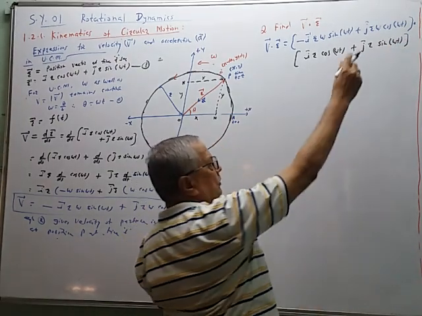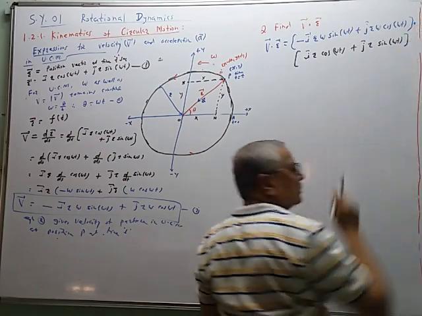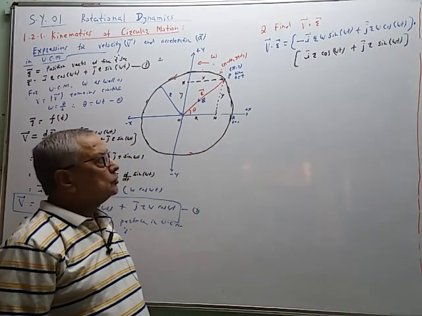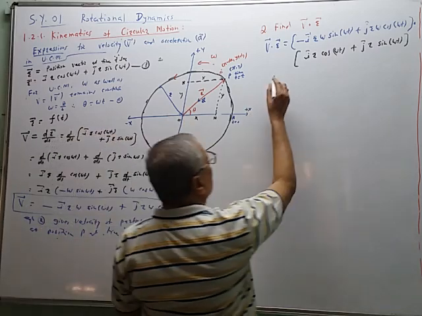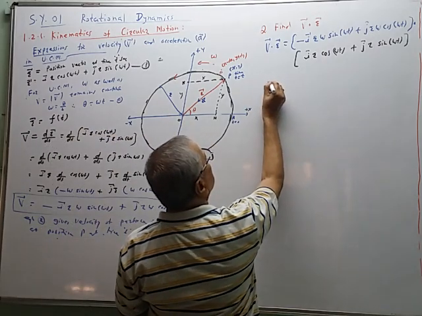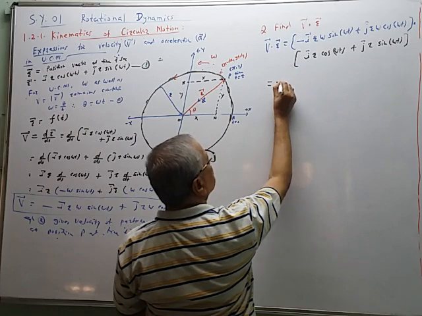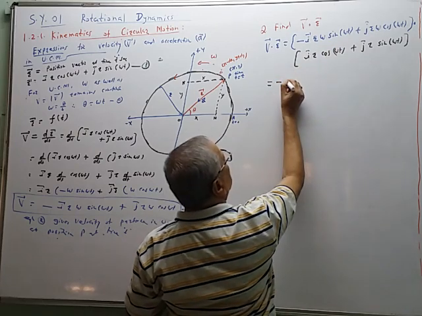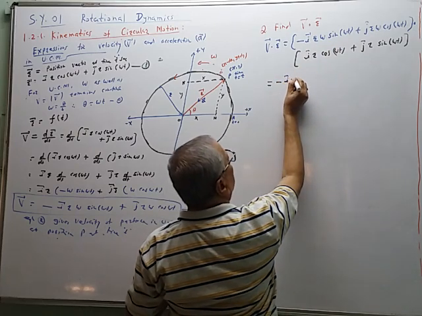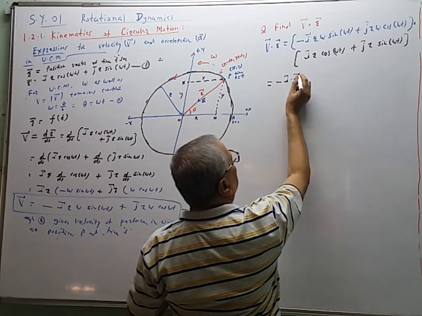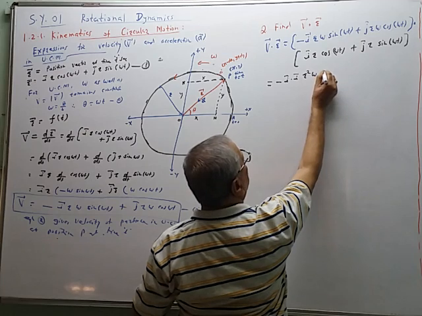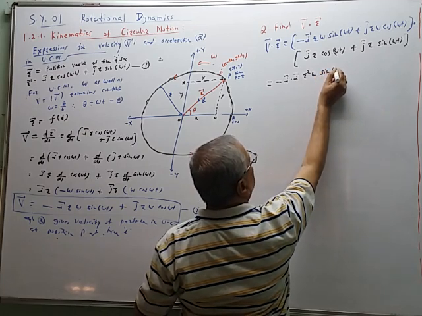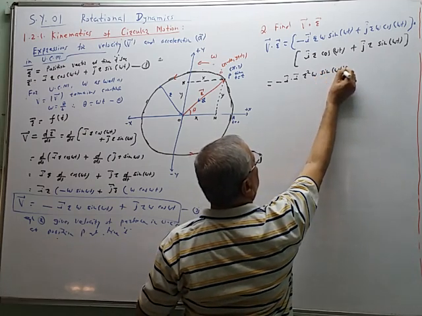This is a dot product, not ordinary multiplication. So total there will be 4 product terms on the right hand side. The first term is minus i dot i into r square omega sin omega t cos of omega t.